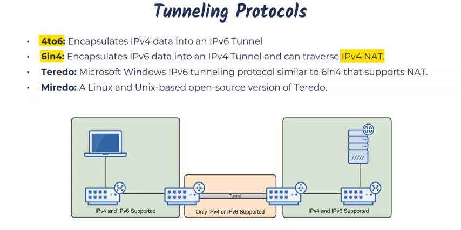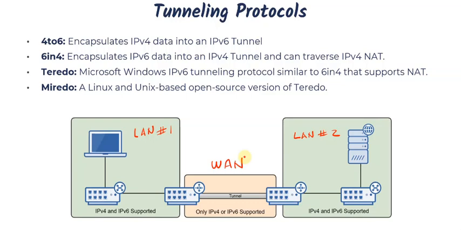Now, let's talk about why these are important. If you take a look at the diagram down here in green, we support both IPv6 and IPv4. We'll call this LAN number 1, and we'll call this LAN number 2. And in between, we'll call this our wide area network link.